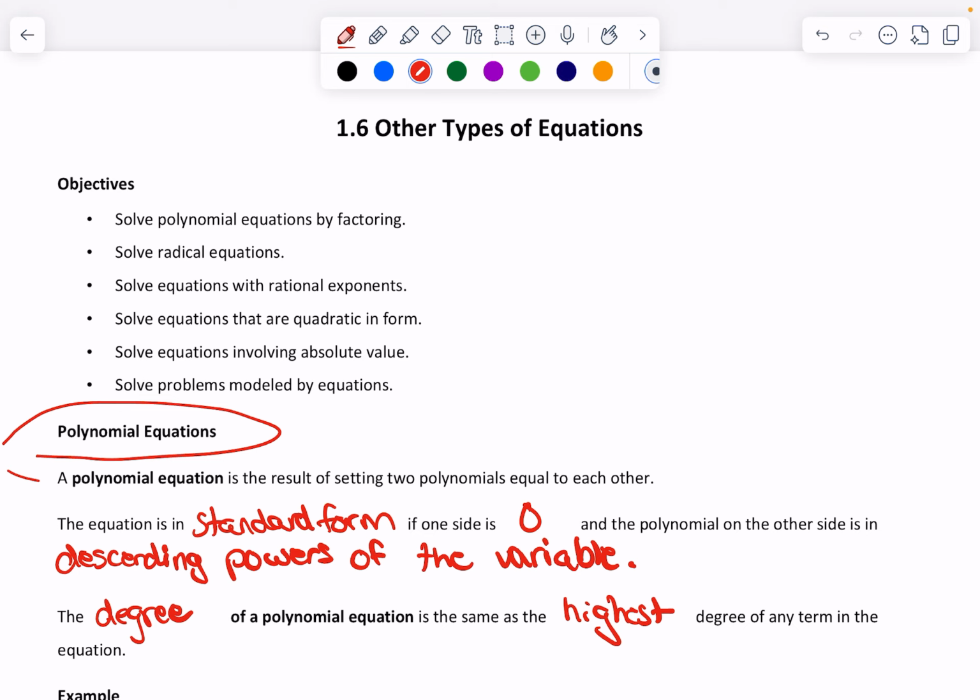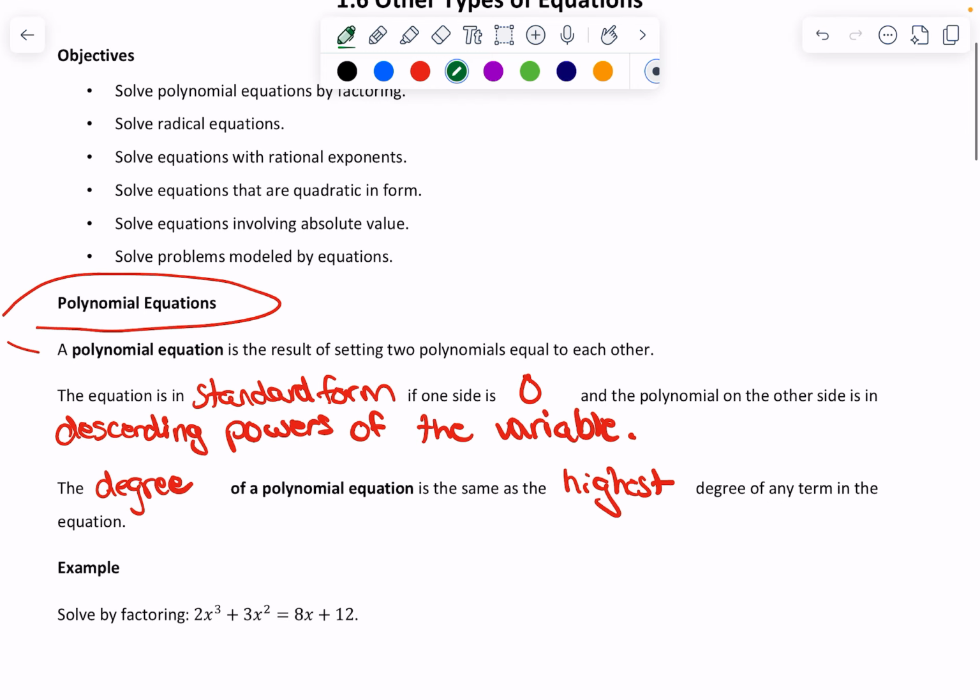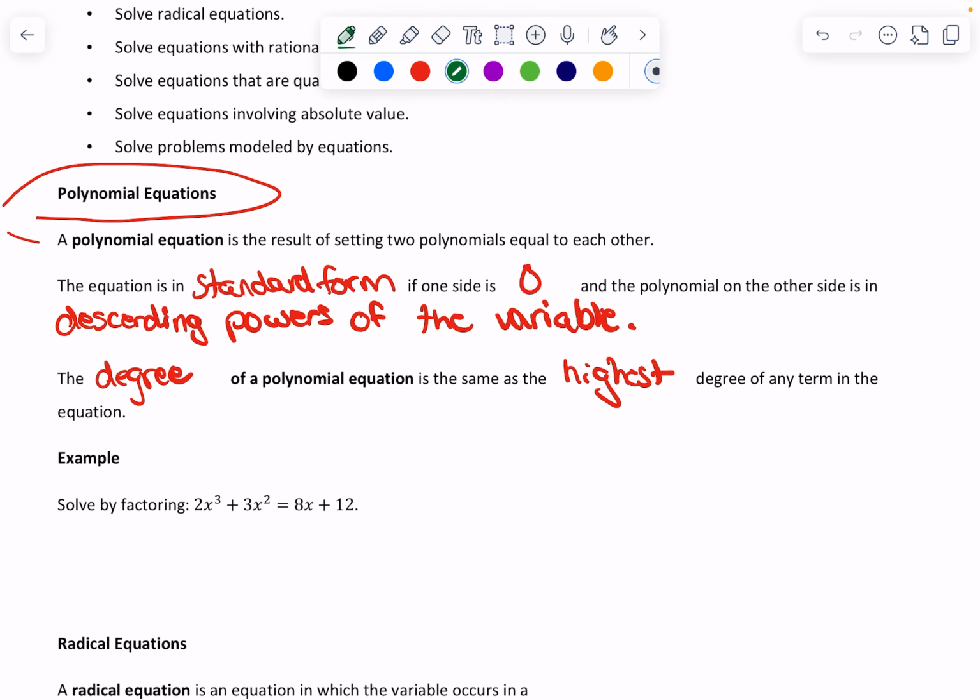Even a quadratic equation is a polynomial equation, like we saw or defined in lesson 1.5. It is a second degree polynomial. When we go higher than quadratic, we usually just talk about polynomial equations. Okay, so let's look at an example.